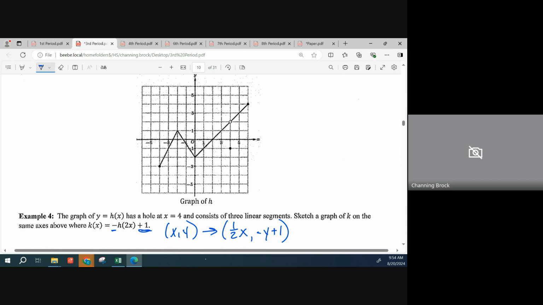So like this first one right here is negative 4, negative 3. So when I transform it, half of negative 4 is negative 2. And then that's 4. That goes up there. Okay, then I've got this point here. That's negative 2, 1.